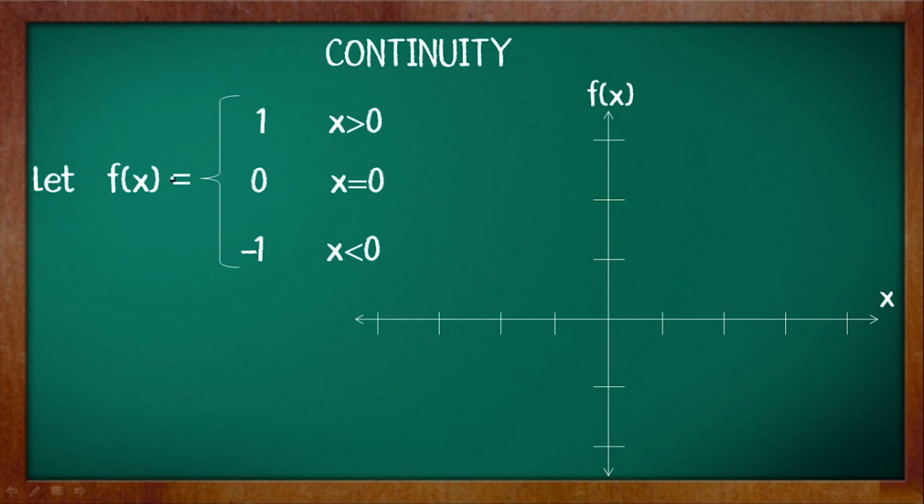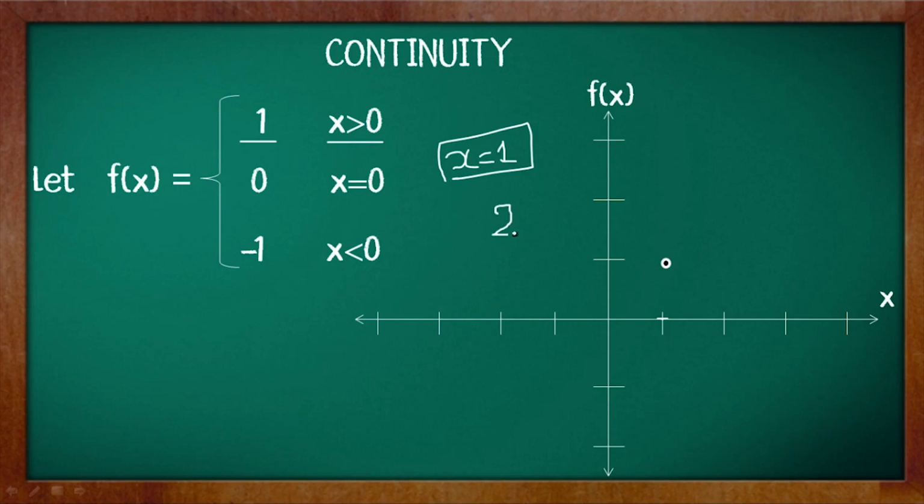Now let's see what happens when I take x equal to 1. This value of x is greater than 0, so the value of f(x) will be 1. So I'm taking x as 1, so it will be here, and f(x) will again be 1, so it will be here. This is the point (1, 1). When x is equal to 1, f(x) is also equal to 1.